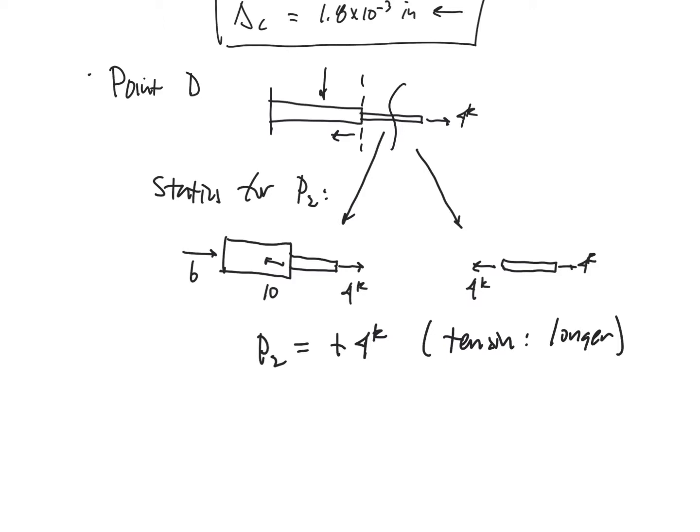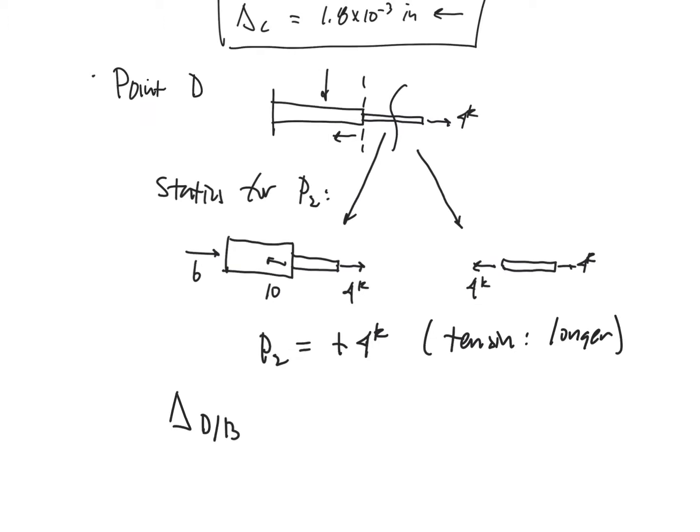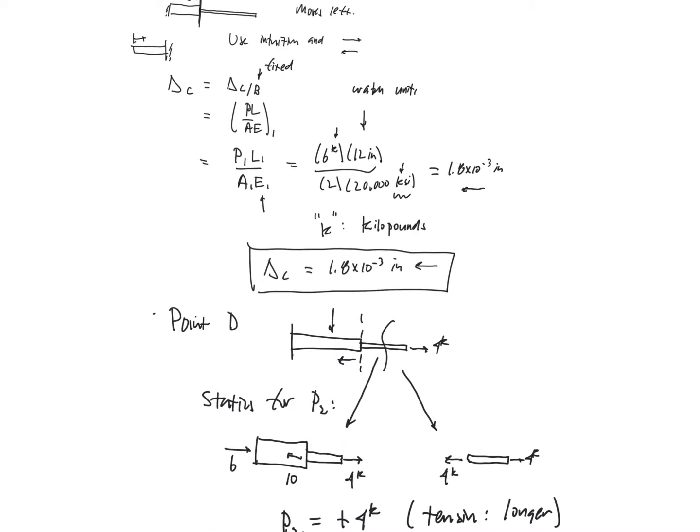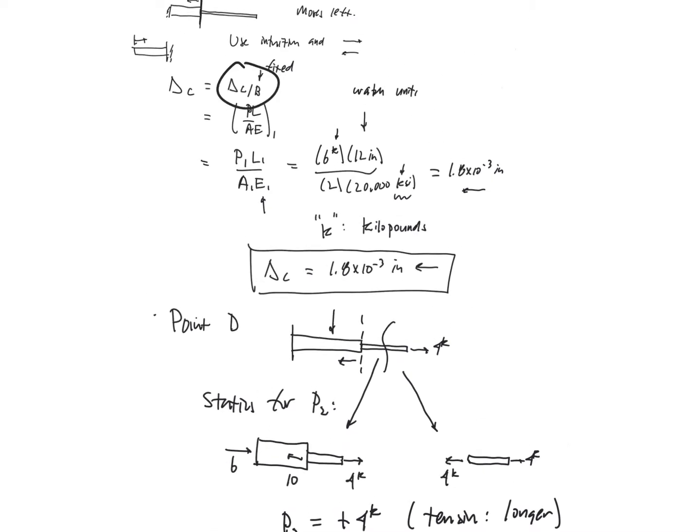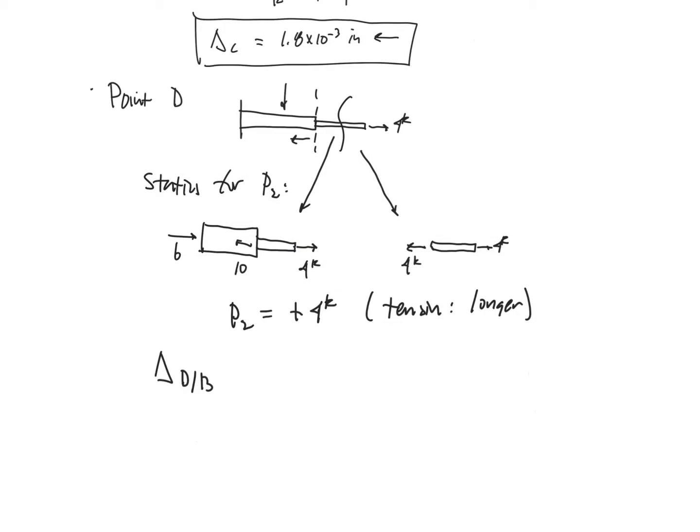So now what we would have to do is the following. We would say that the delta of point D relative to B. So again, earlier we had C relative to B, but now we've got D relative to B. So that's going to be the delta of C relative to B plus the delta of D relative to C. Now, a lot of times you'll see people shorthand this.